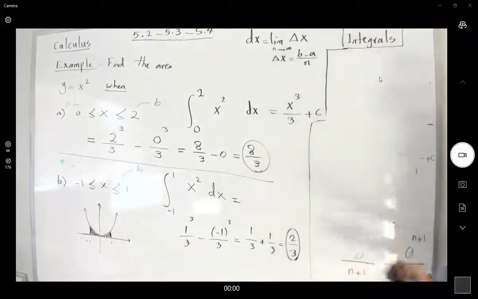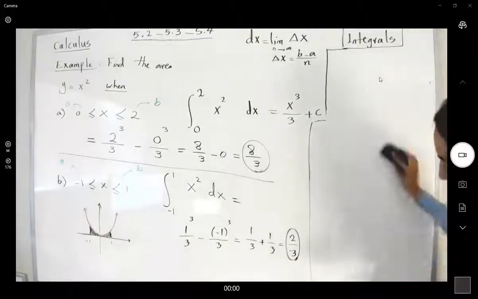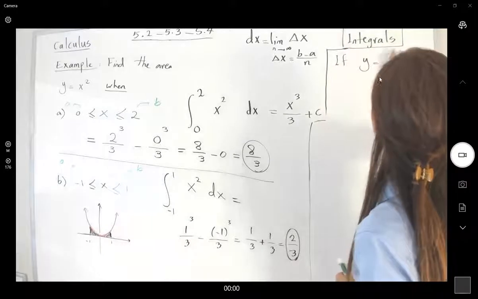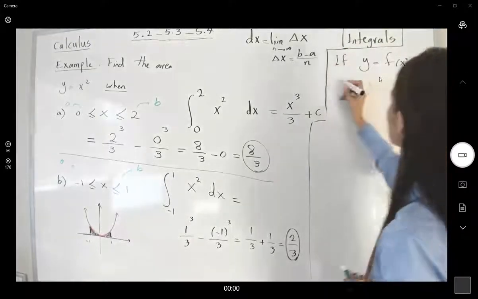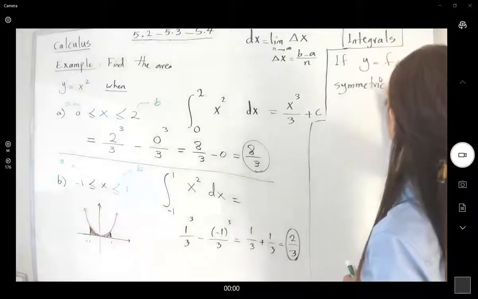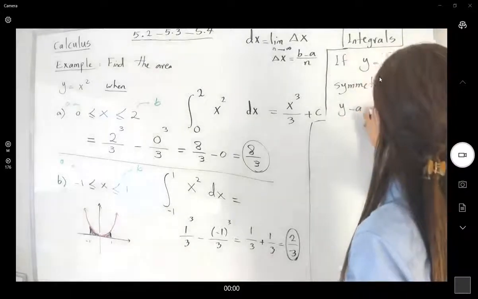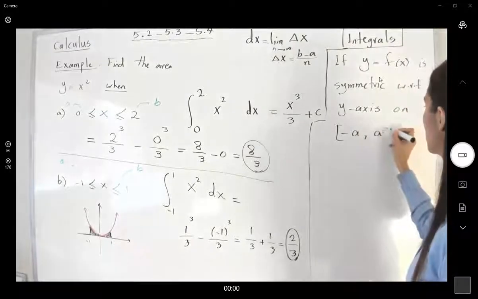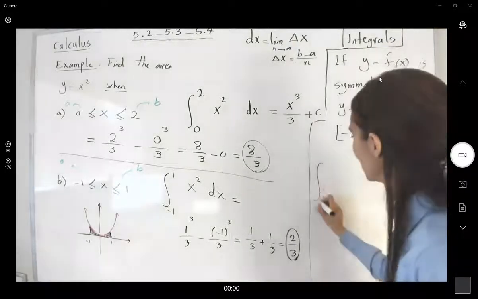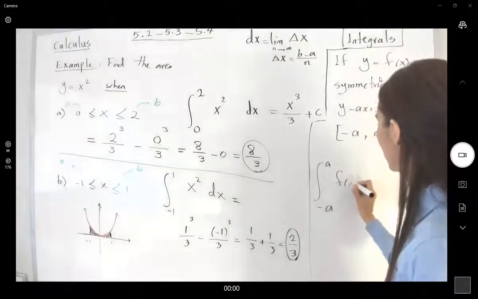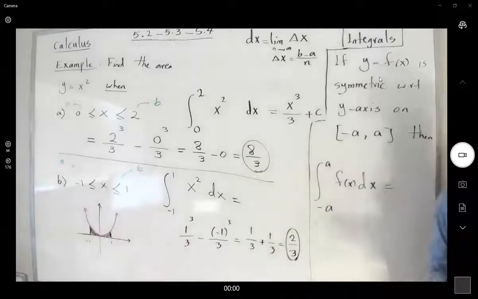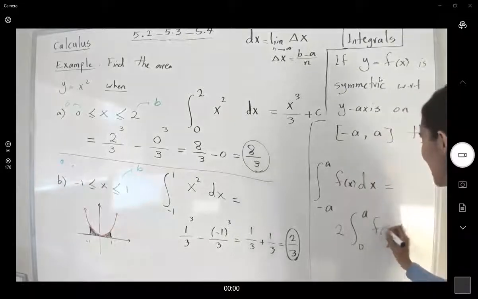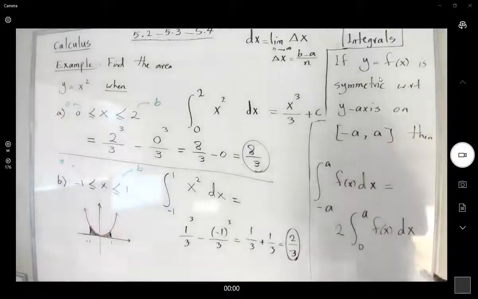So these are the types of questions that you should be asking. If y equals f of x is symmetric with respect to the y-axis on the interval -a to a, then the integral from -a to a of f of x dx is equal to 2 times the integral from 0 to a of f of x dx.